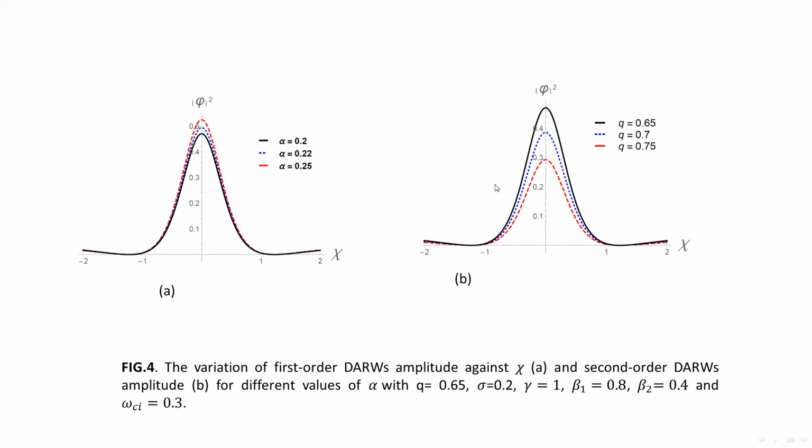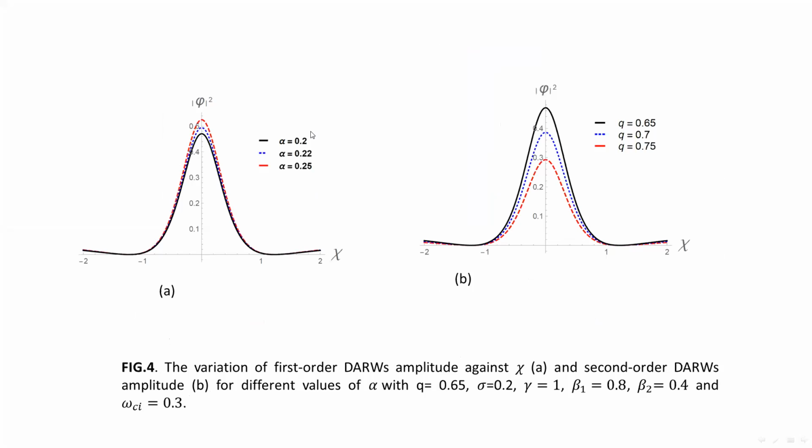The effect of the physical parameters alpha, Q, omega cyclotron frequency, and sigma, the temperature ratio of positron to electron temperature, on the rogue wave solution.